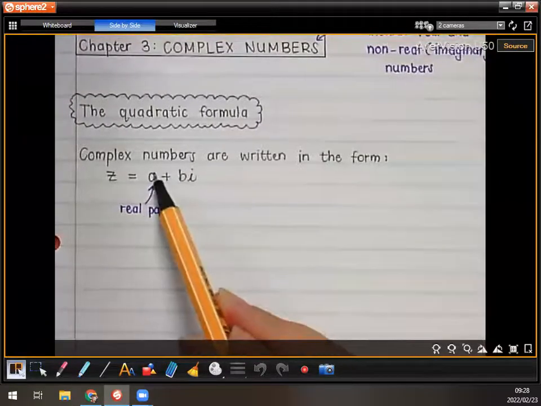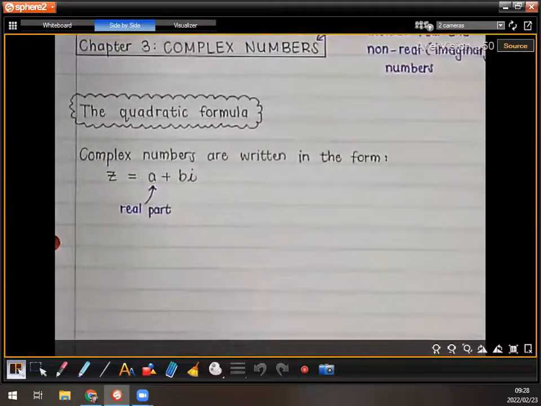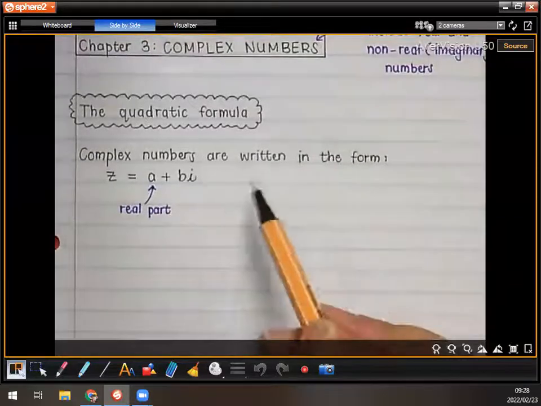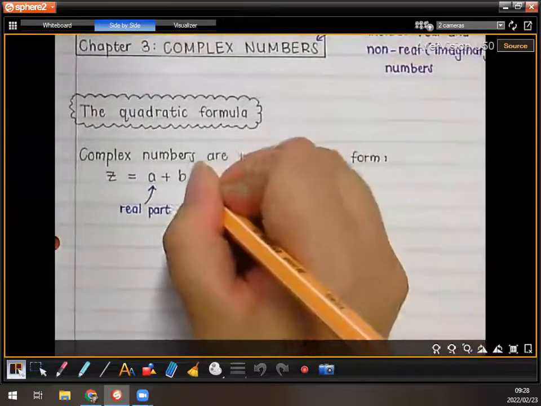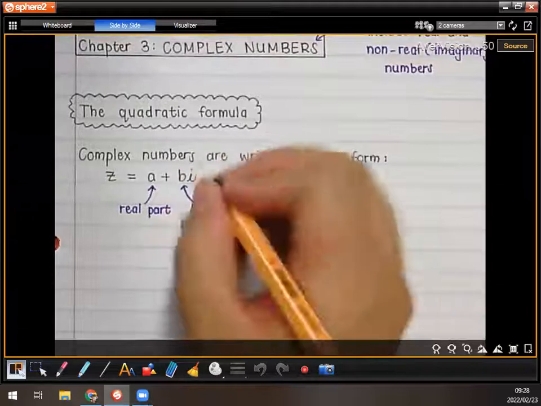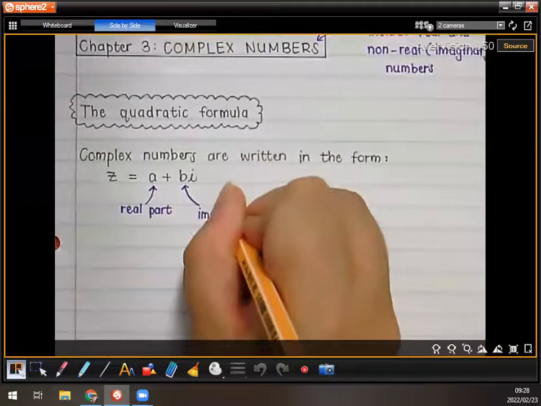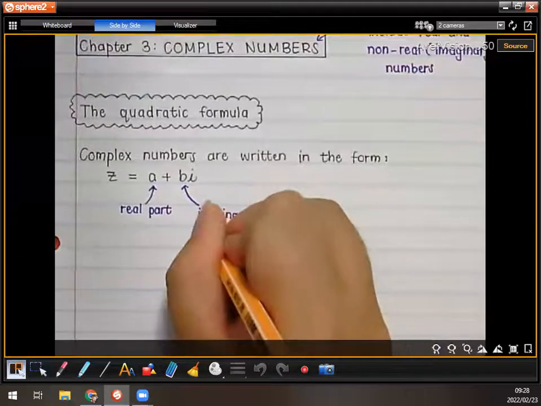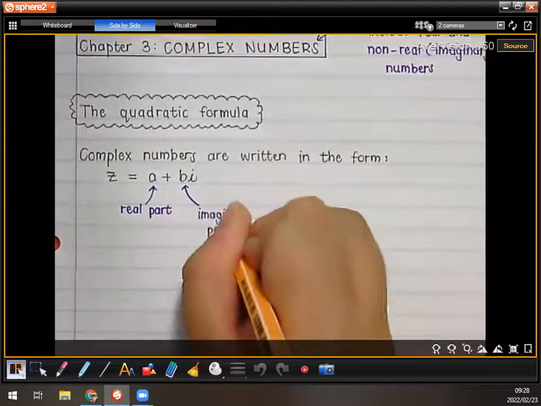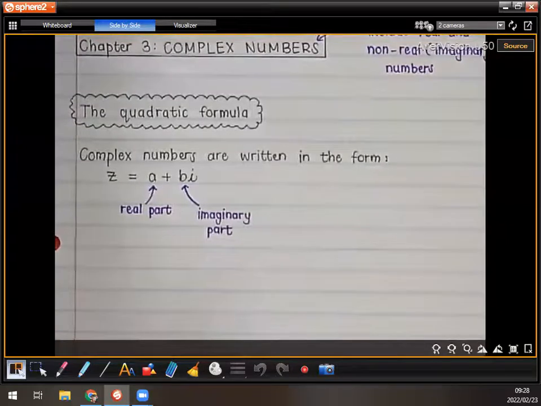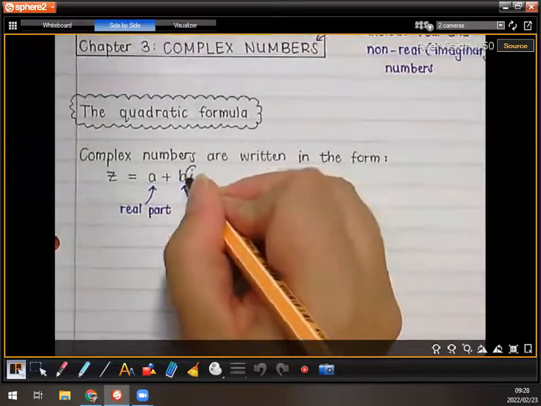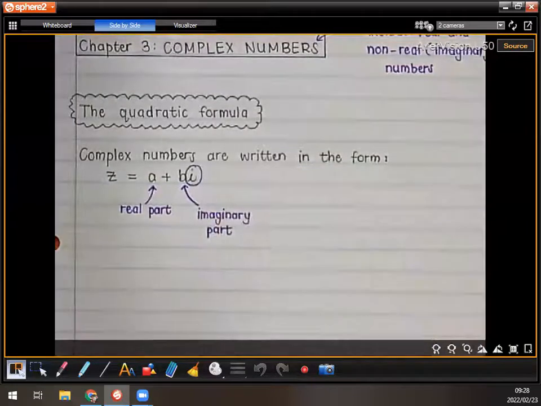So A is the real part. A will be a number, guys, like a 2. A is just a number there. B also represents a number, but B is the imaginary part. And i, you are going to write it as i in your number when you're writing it up.